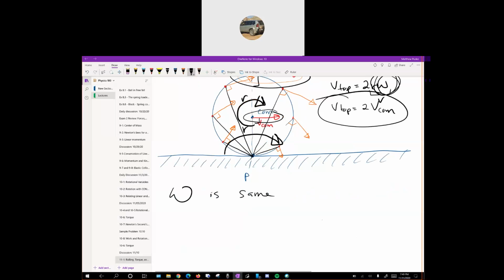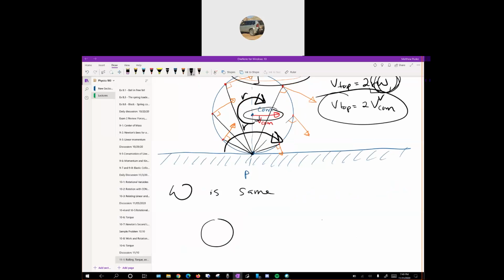Why would we use this? What if they gave us a vehicle that is moving along and let's say the speed is equal to 20 meters per second. Well, we can go ahead and attach that right here and say that the center of mass is moving with a speed of 20 meters per second.